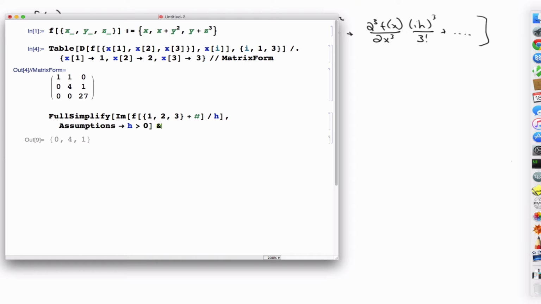Now this is a pure function which I can map over an array, where the array would be values that I'm going to perturb that get substituted in where that pound sign is. The shorthand notation to map is this, and the array that I need to map is just the identity matrix, a 3 by 3 times ih.